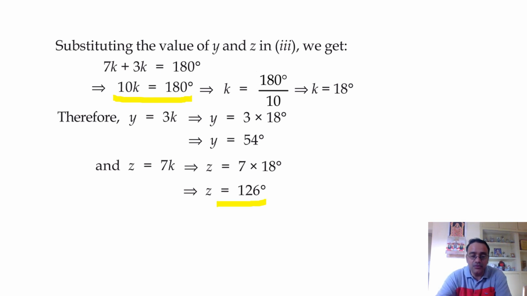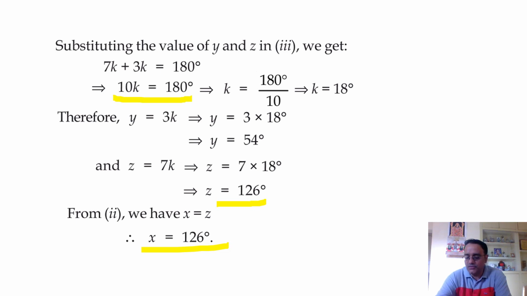Now in the question we need to find x, the value of x. Already in the second equation हम लोग देखे थे x is equal to z. So from 2 we have x is equal to z, so x is equal to 126 degree. So now the second question is over.